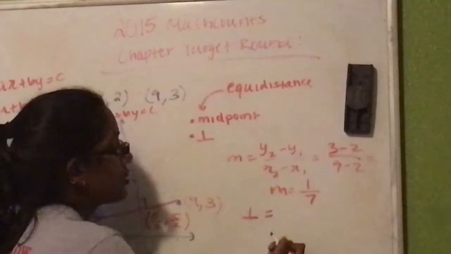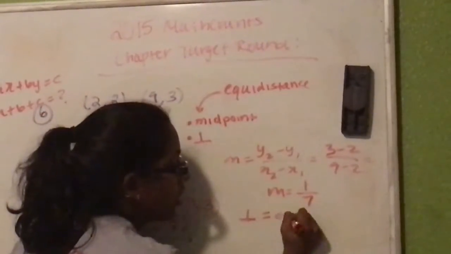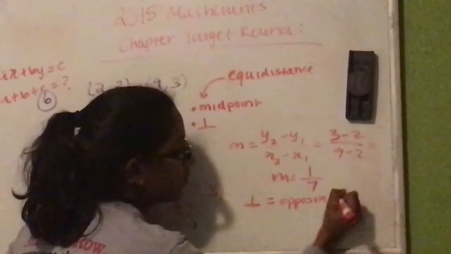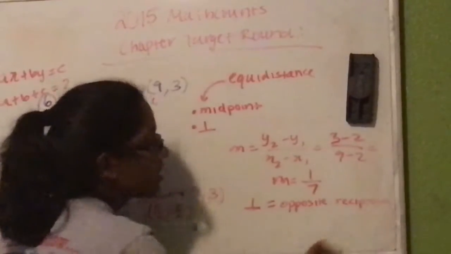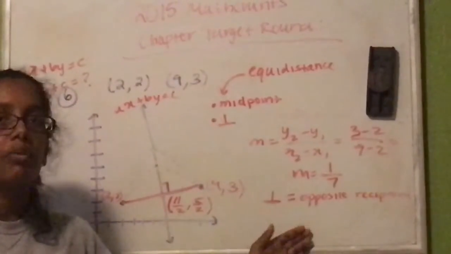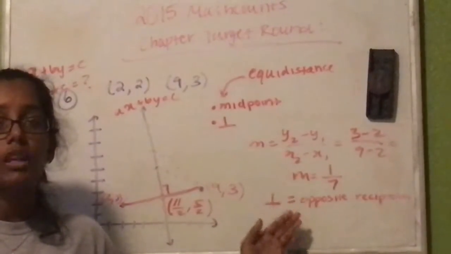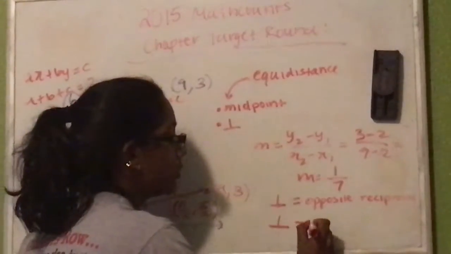Remember that the perpendicular slope is equal to the opposite reciprocal. Opposite is a fancy way of saying to flip the sign. So if it's positive, we need to make it negative. If it's negative, we need to make it positive. In this problem, our slope is positive, so we know that the perpendicular slope will be negative.